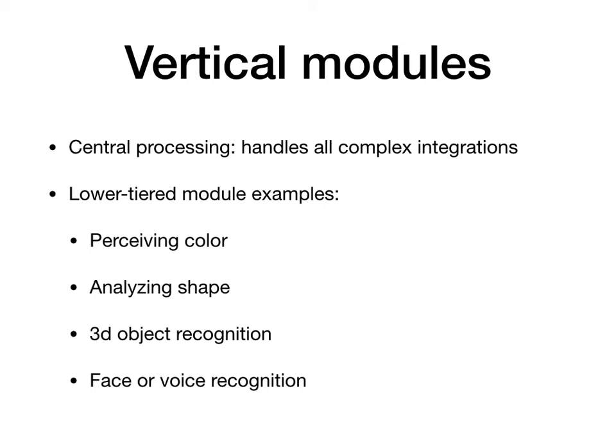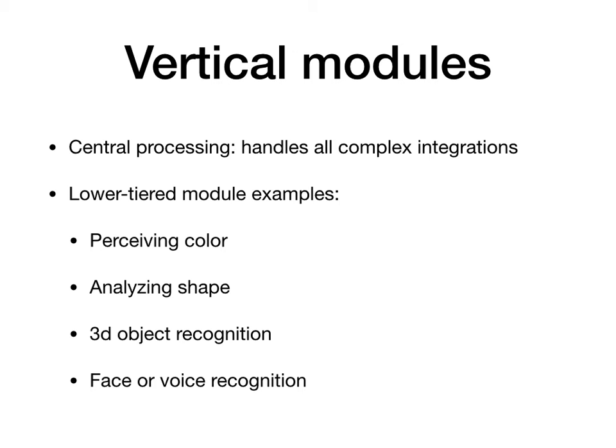So, in this view, central processing handles all the really complicated stuff, but lower tiered things exist, like perceiving color or analyzing shape. We've talked quite a lot about the idea of neurons being able to detect edges, right? And then scale a layer up. This is in the multi-layer modeling approach to vision.